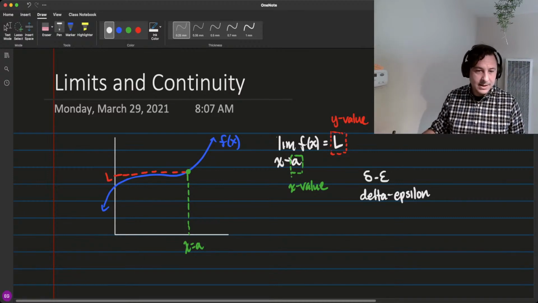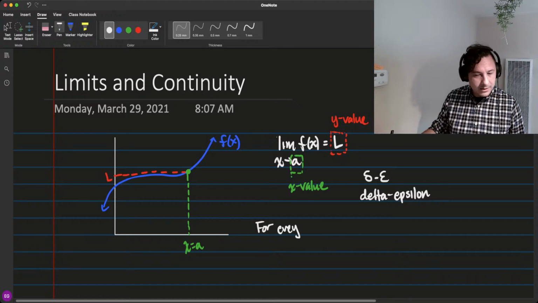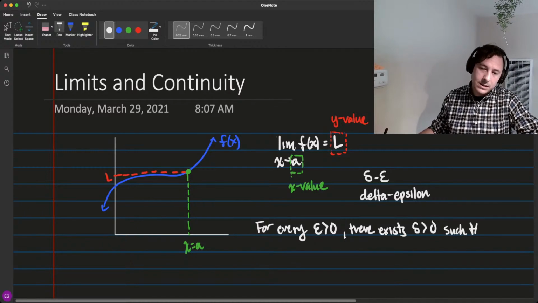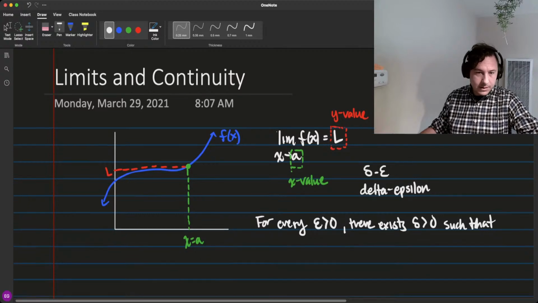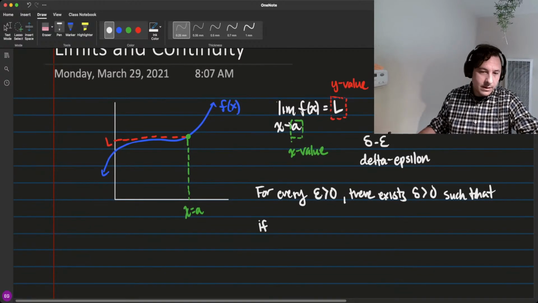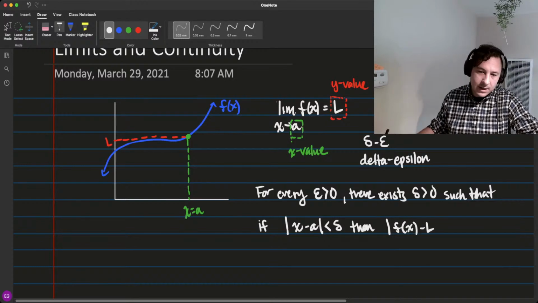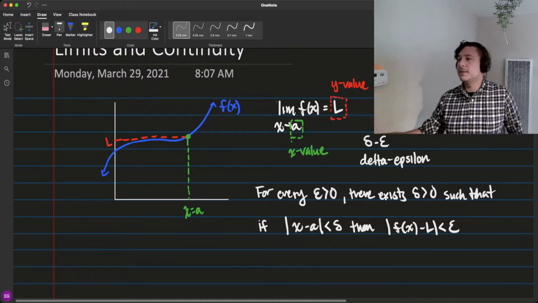Well, what that means is that for every epsilon greater than 0, there exists delta greater than 0 such that if the distance between x minus a is less than delta, then the distance between f of x minus L is less than epsilon. Okay, so let's talk about what that means.